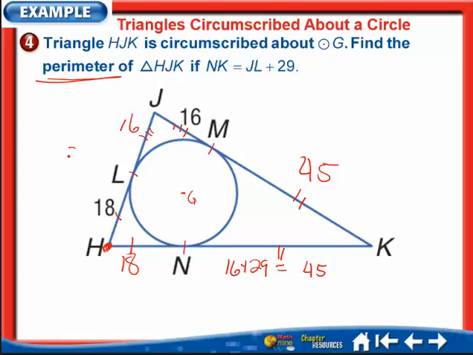34 plus, let's see, 55, 63 plus 61. It's easier for me to do 3 of them there than to do 6 of them. 8. Okay, I get 158.